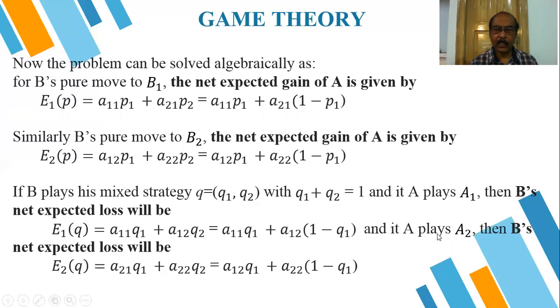And if A plays A2, then B's net expected loss will be the expectation of Q when A chooses strategy 2: A21 Q1 plus A22 Q2, which equals A21 Q1 plus A22 into (1 minus Q1).